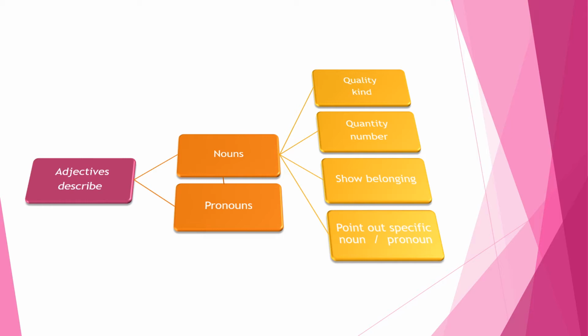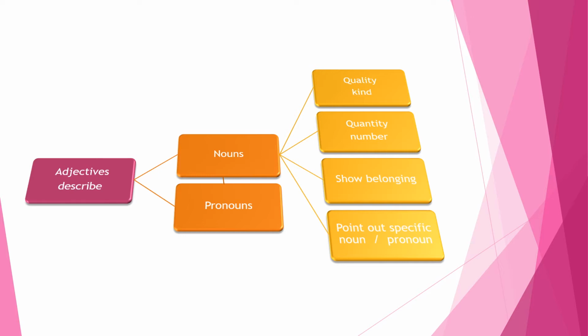Let's quickly recap adjectives again. In its simplest form, adjectives describe a noun or a pronoun. The nouns and the pronouns are described in the form of quality, quantity, belonging, and pointing out something very specific.